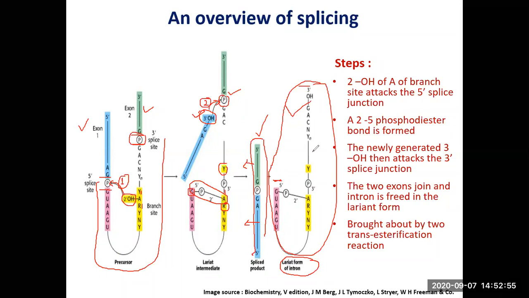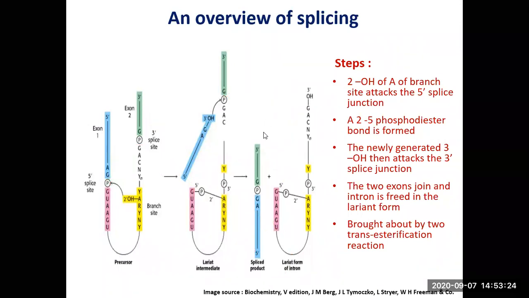But if there are substitutions, mutations, or aberrations in these consensus sequences, then the splicing will be affected. Then removal of the intron is not going to be as precise. So you must remember the critical role of these consensus sequences in the process of RNA splicing.